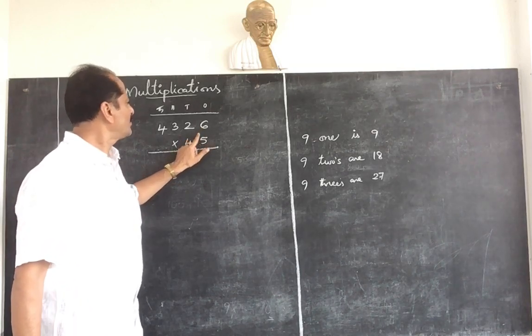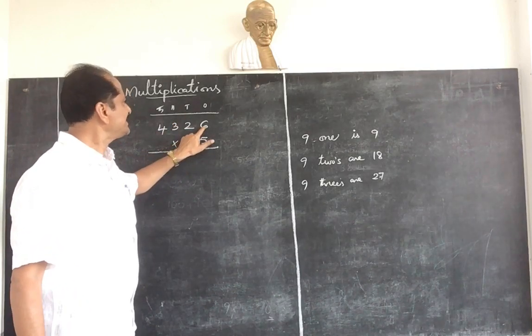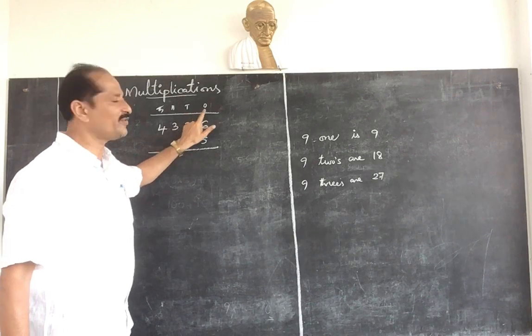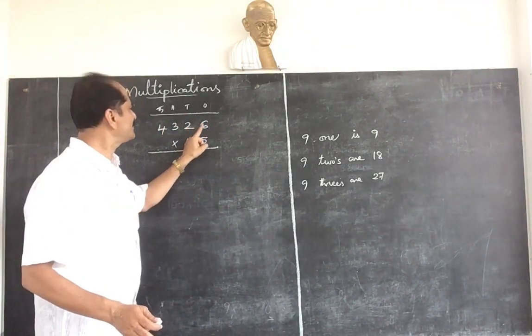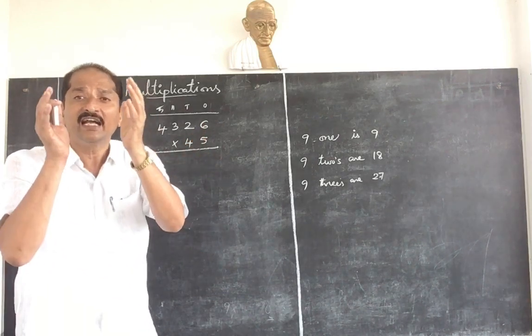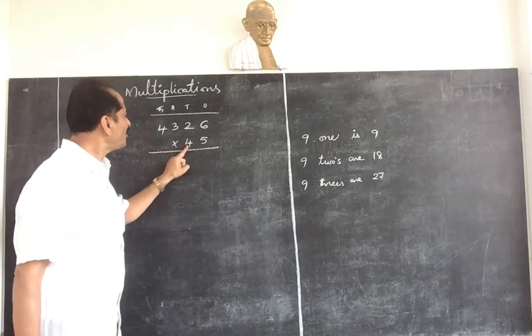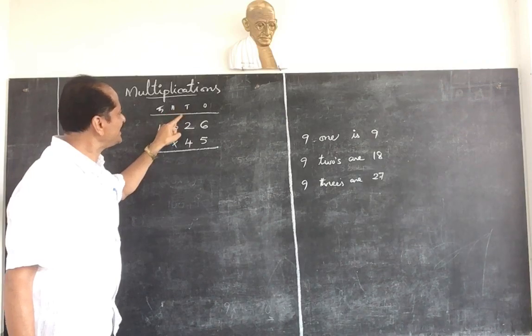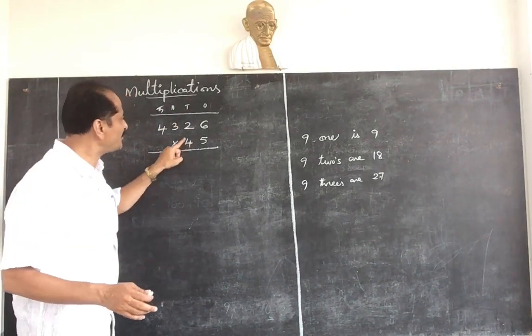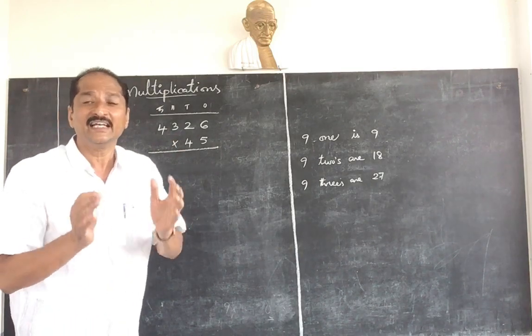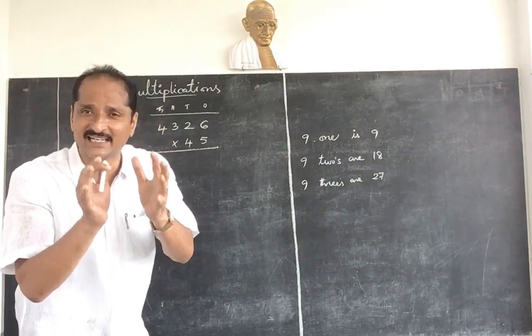So 4 is in tens place, 6 is in ones place. So 10 into 1, now we are getting tens. So 4 6s are 24 tens. Next, 4 is in tens place, 2 is also in tens place. So 10 into 10, 100. That means we are multiplying 4 with 2. 4 2s are 8. 8 we are getting hundreds.